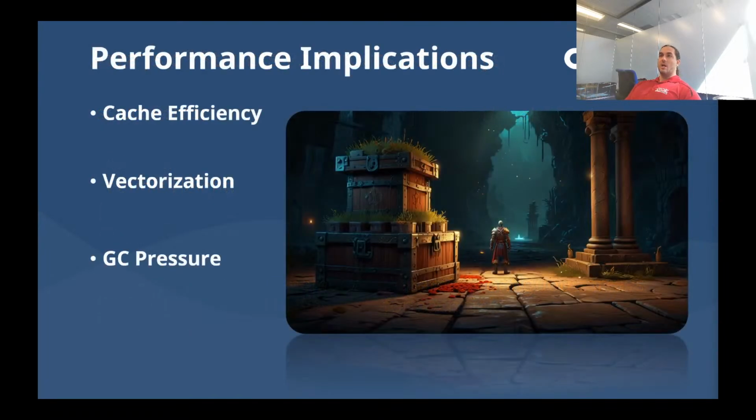We have a lot better cache efficiency, of course. We have a lot less garbage collection pressure, of course. We can, of course, also enable faster parallel processing with this. So there's a lot of additional benefits that we can reap from having this implemented.